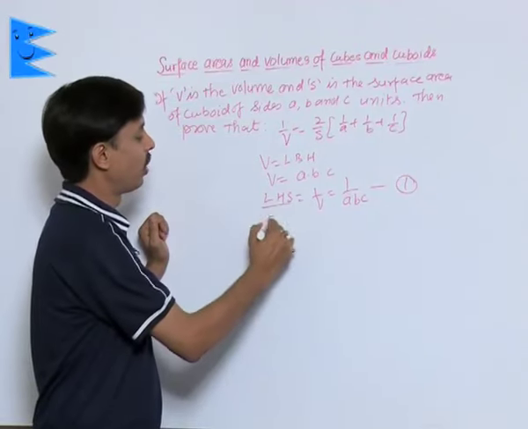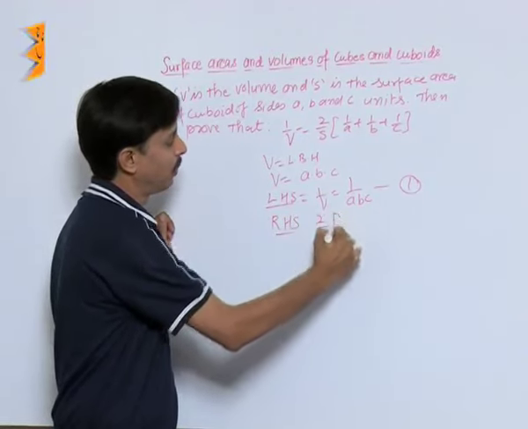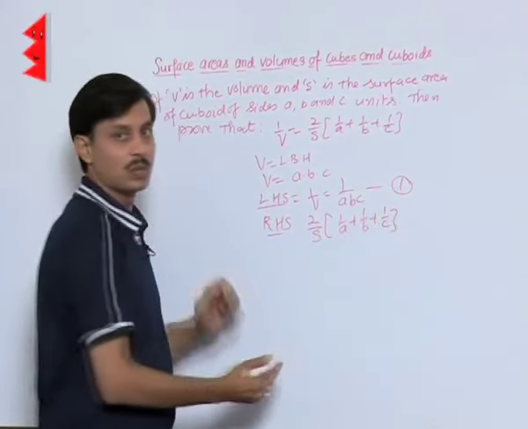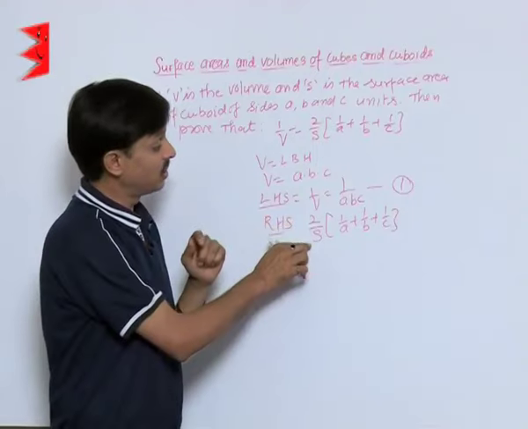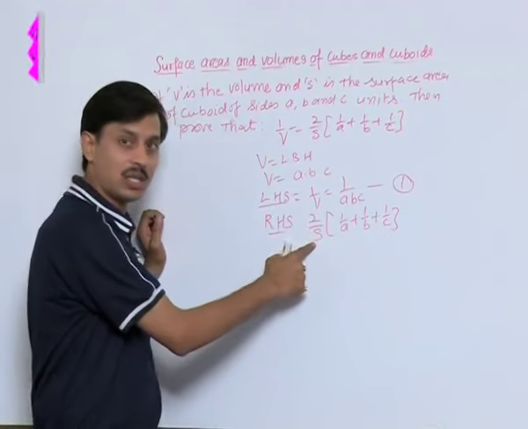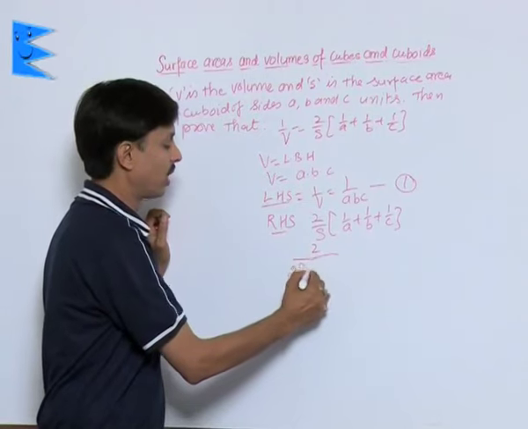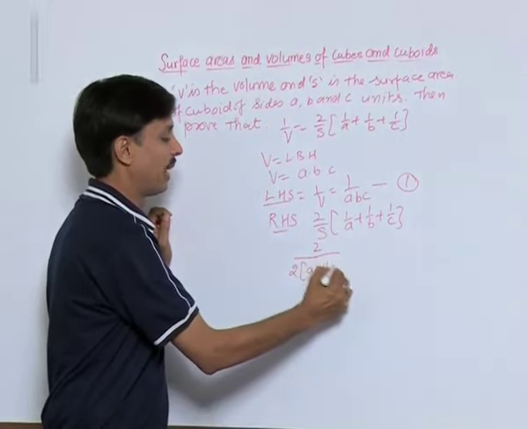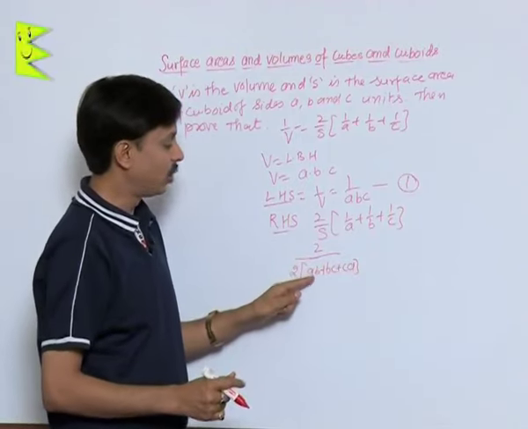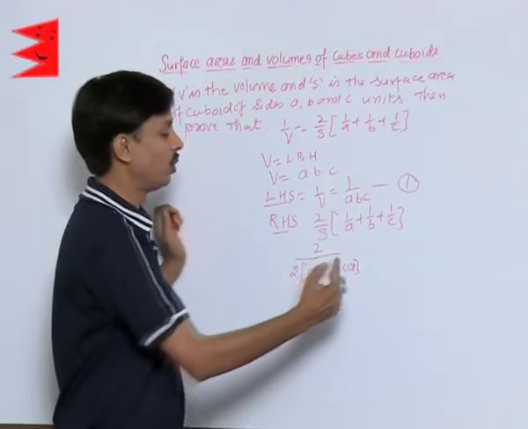Now if I talk about the right hand side, you know that the right hand side is 2 upon S into 1 upon A plus 1 upon B plus 1 upon C. Here S stands for surface area, and you are very much sure that the surface area of a cuboid is given by 2 into length into breadth plus breadth into height plus height into length. That is A into B plus B into C plus C into A.